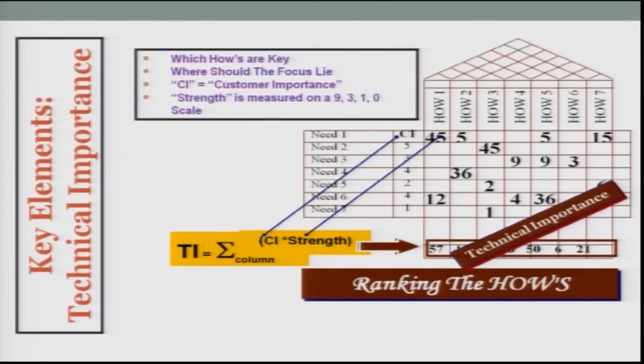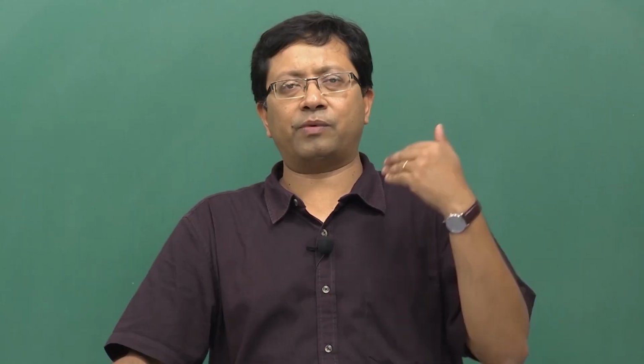So, the key element in the technical information is that you want to find out the strength. What you will do is try to find out the overall level of points which you are trying to analyze for the needs and the house. So, you find out the customer importance level, which is CI, and the strength which is already given by you based on what you think from the designer point of view and the manufacturer point of view, the level of importance.